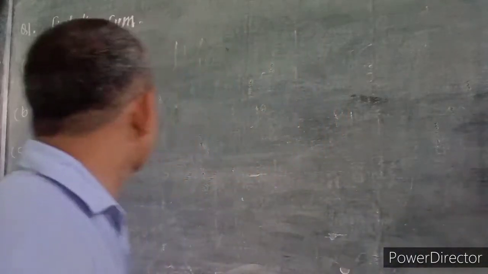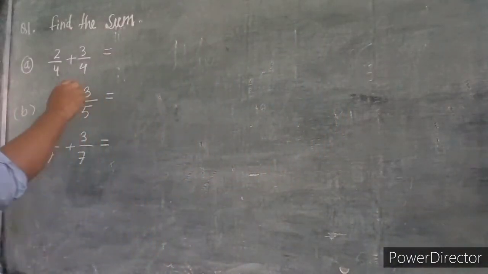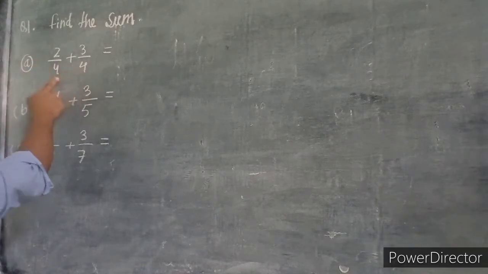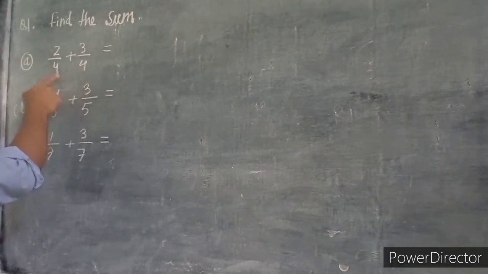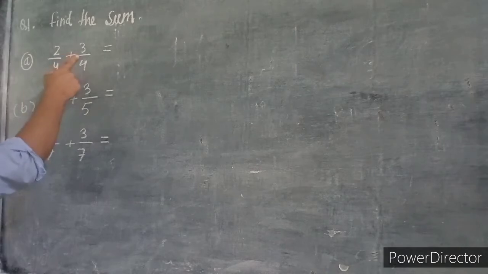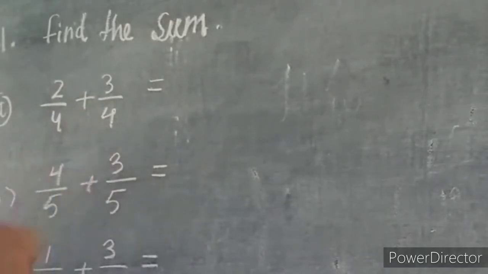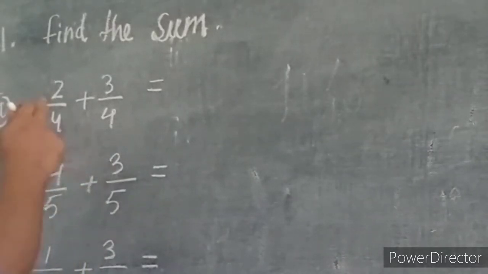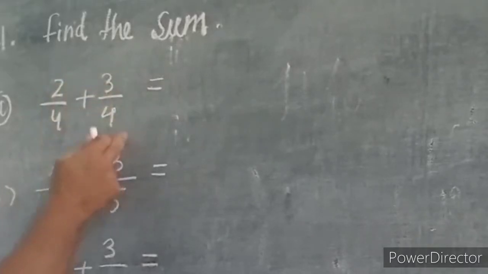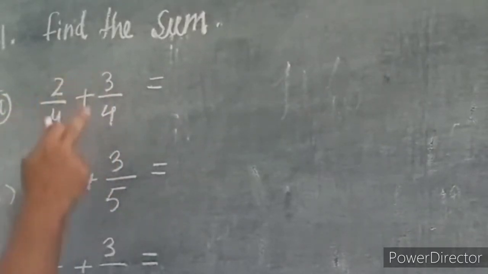For example, there are two fractional numbers, 2/4 and 3/4. We can read them in two different ways.